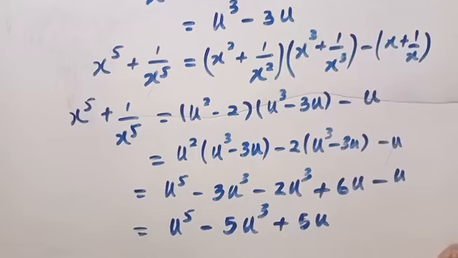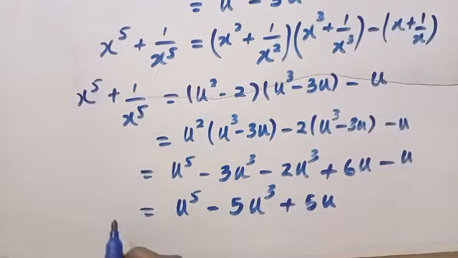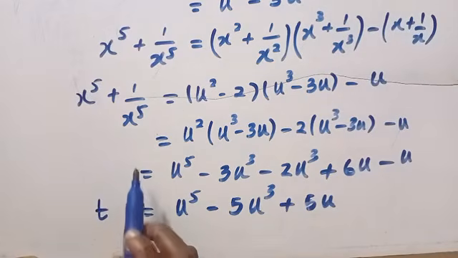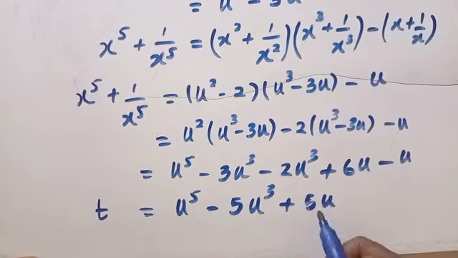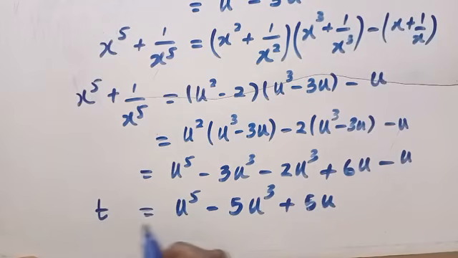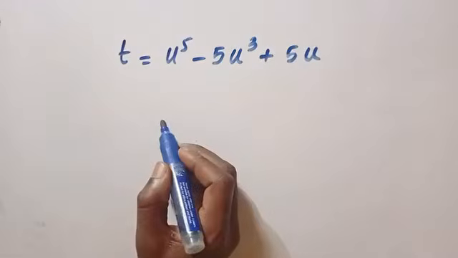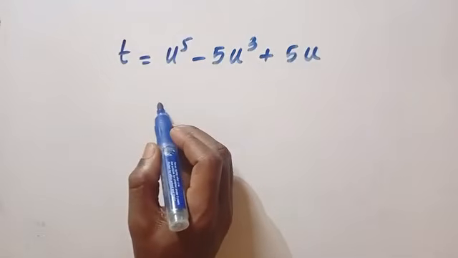Then assume I let the whole of this be equal to t, because x power 5 plus 1 divided by x power 5 is this, that is the domain. If I change everything to t, our new domain becomes u power 5 minus 5u power 3 plus 5u. So this is what we have.